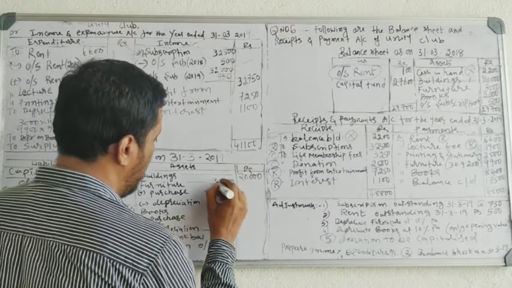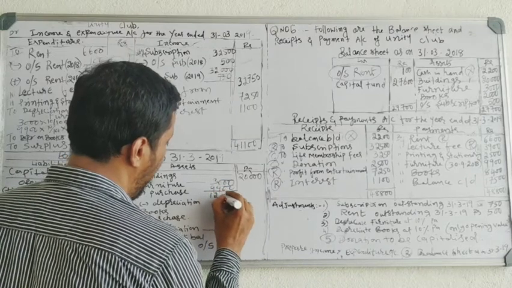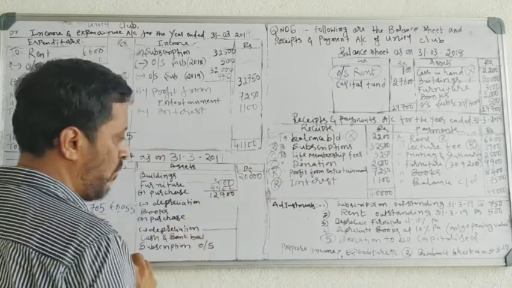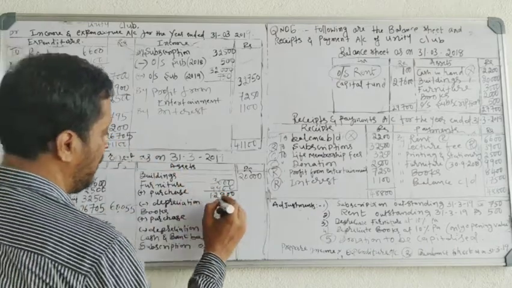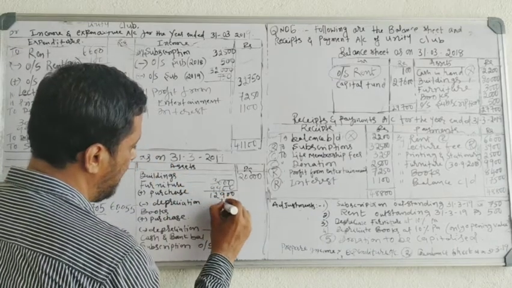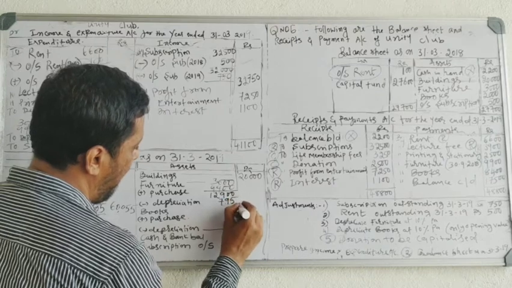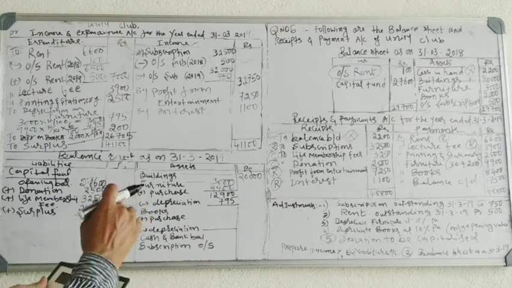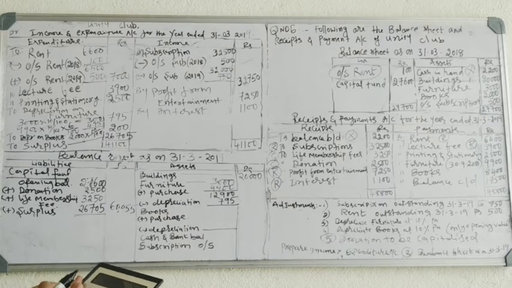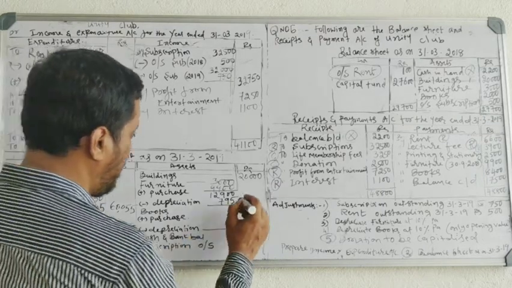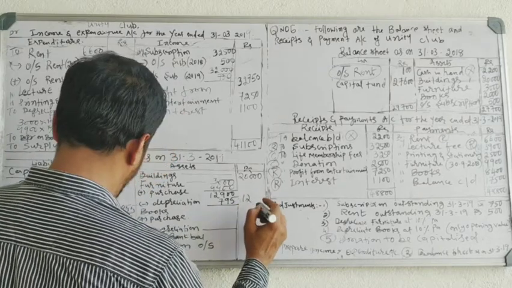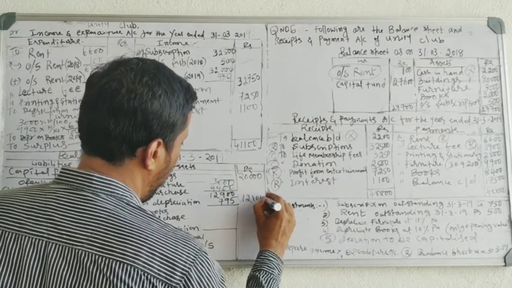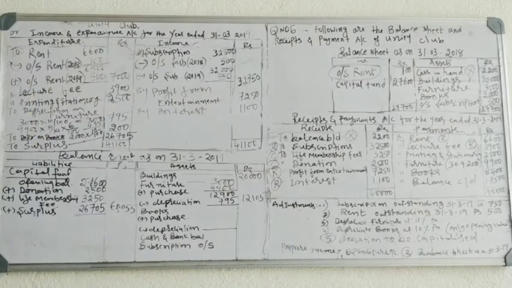Total furniture is 12,900, less depreciation 795, which gives 12,105. So furniture value is 12,105.